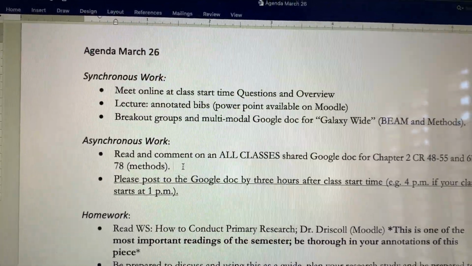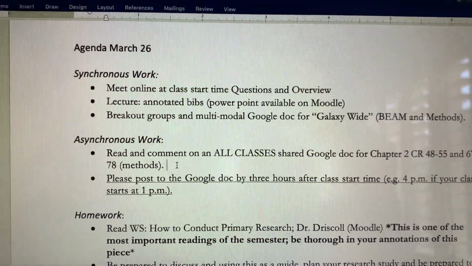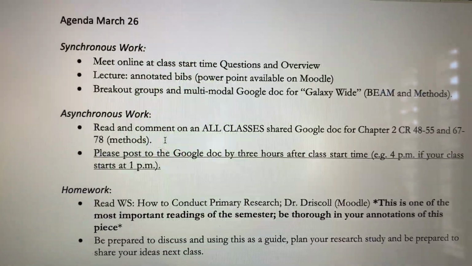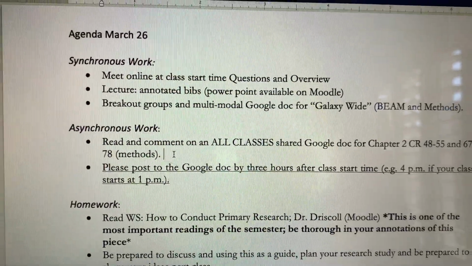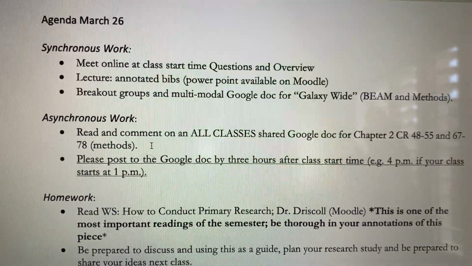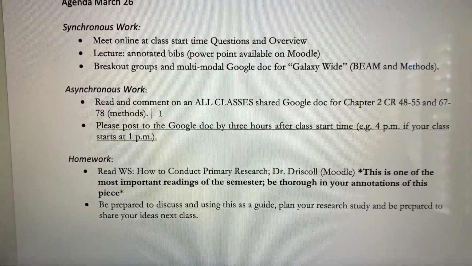Now, on that Google Doc, there will be a place for about 20 students to post on one of them and 20 students to post on another. So you have to do one or the other, but everybody has to read 67 to 78. That's on your methods section. That's what we're doing next. It would behoove you to look at that soon.